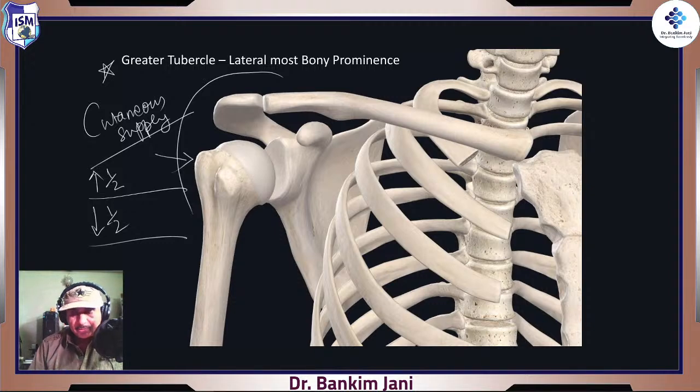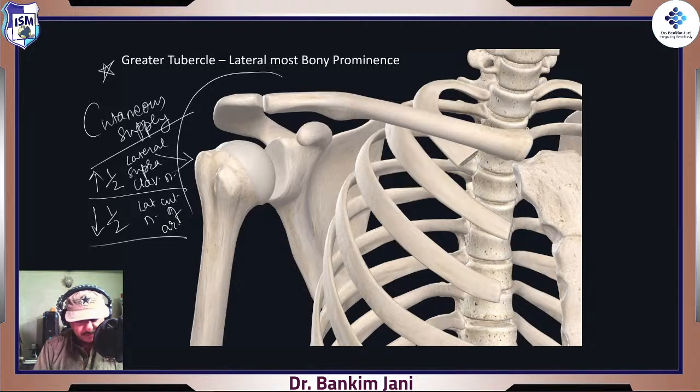Now both these nerves will come into our discussion as we progress. Just at this point of time, this is the lateral supraclavicular nerve, and the lower one is the lateral cutaneous nerve of the arm, obviously for the arm.